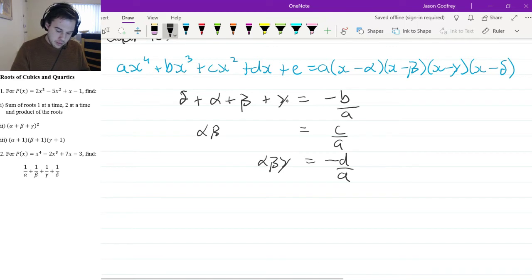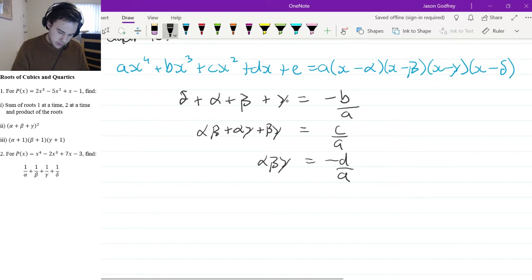Alpha plus beta for the cubic plus alpha gamma plus beta gamma is the sum of the roots 2 at a time with C on A. Well, the sum of the roots 2 at a time for a quartic is still going to be C on A, but we've just got some extra 2 at a time sums, right?